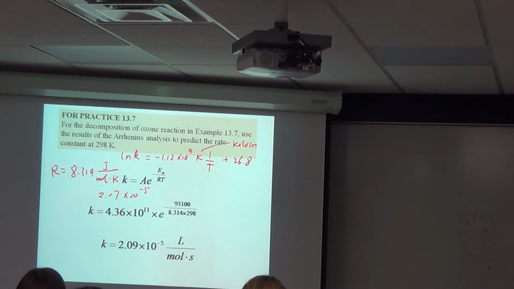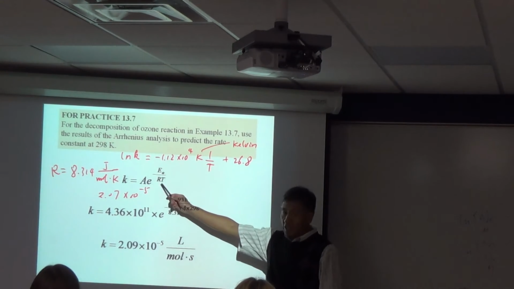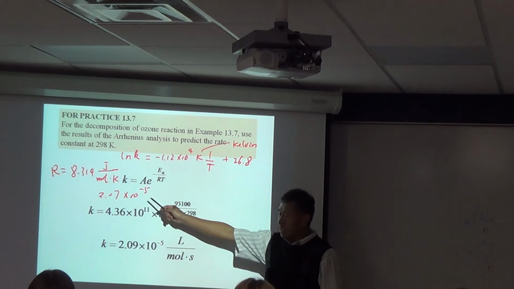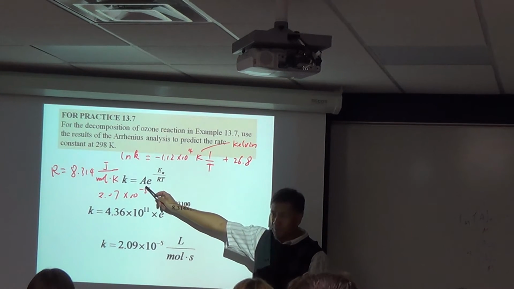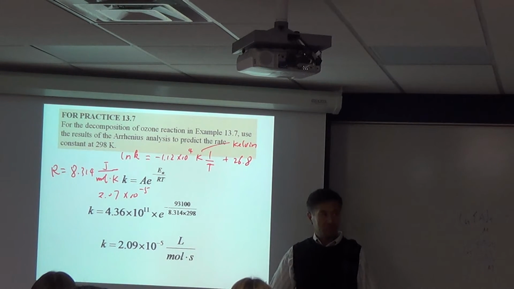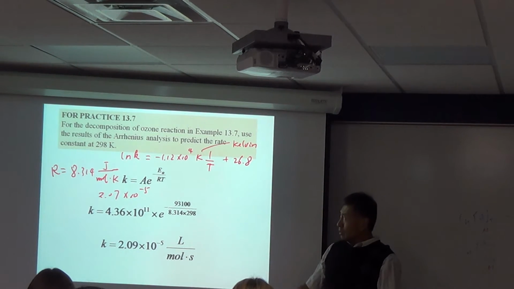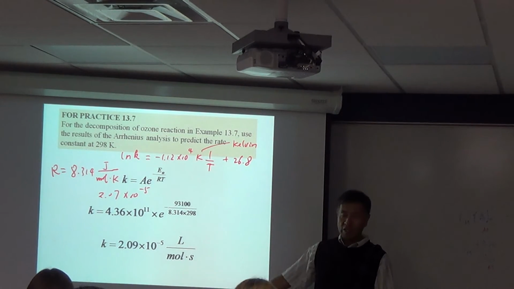Remember we also extracted some information about Ea and A. If you remember the Arrhenius equation, the one on top, to get k you have to know A, Ea, R, and T. All the information we know, so you plug in and you get k.